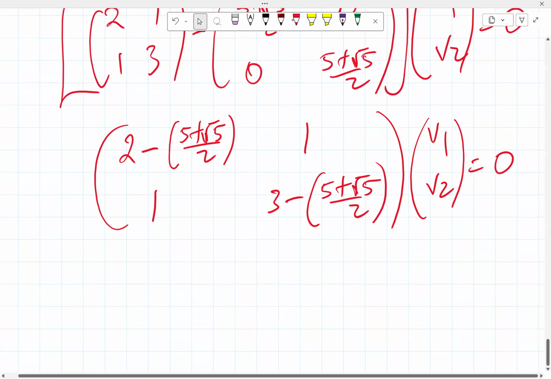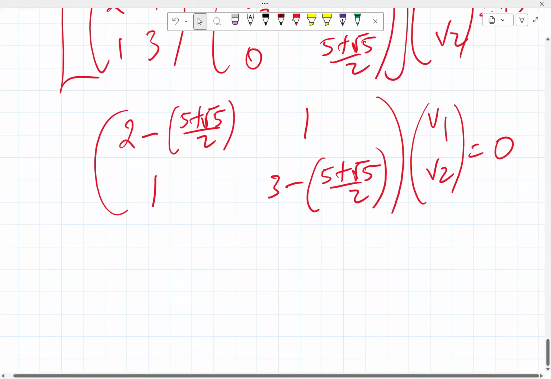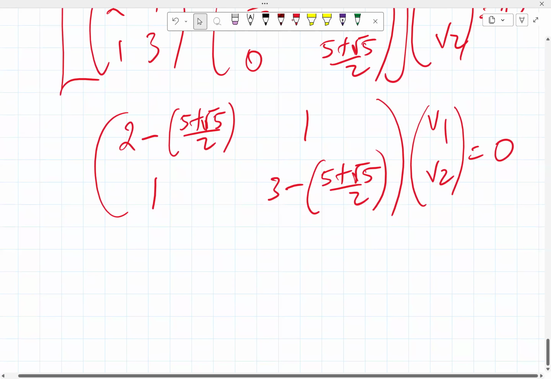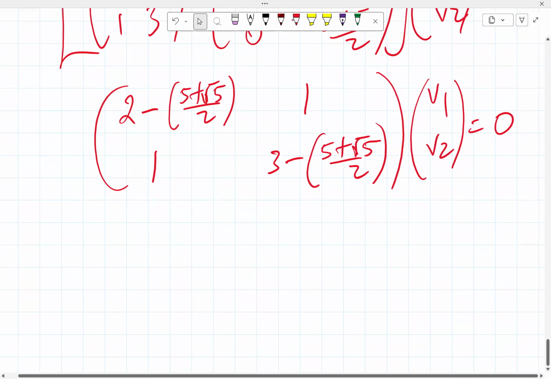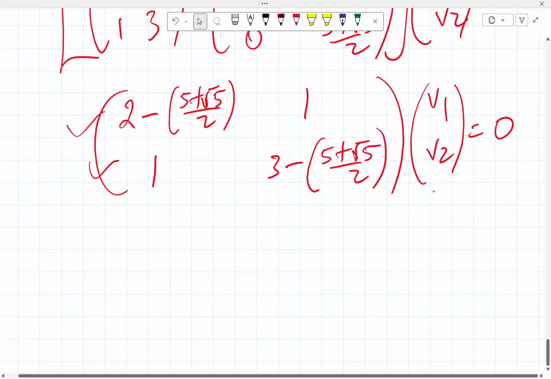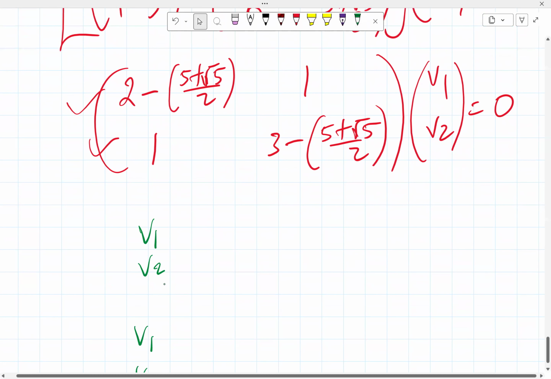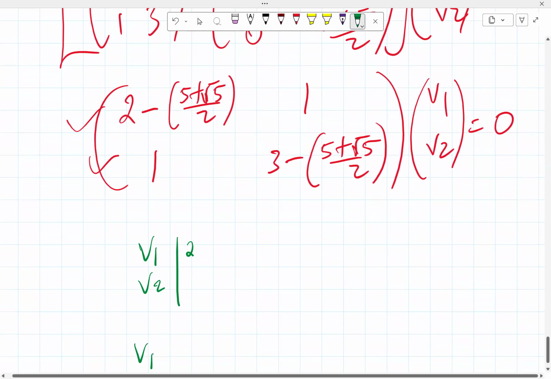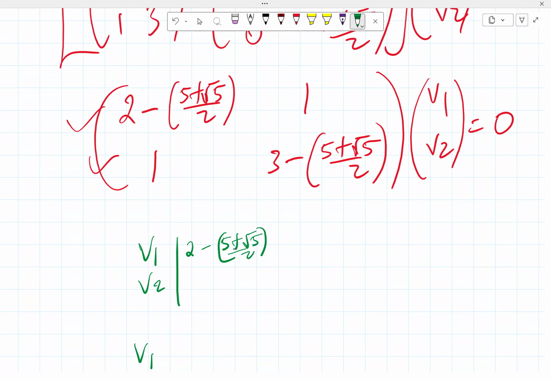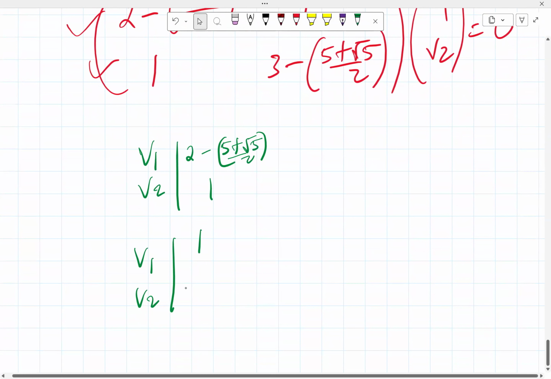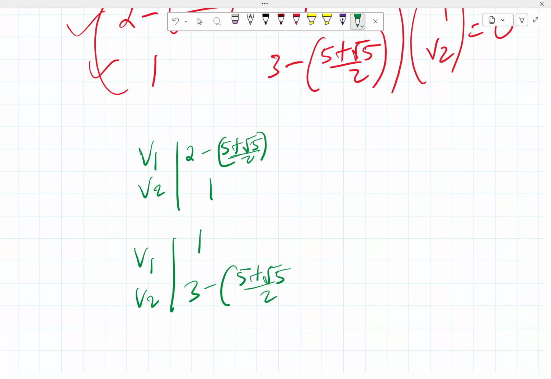That's multiplication, so because we have two rows, we write V1, V2 twice. For V1 we have 2 minus 5 plus root 5 over 2 with 1 down here, and for the other column 1 up here, then 3 minus 5 plus root 5 all over 2, all equal to 0, 0.